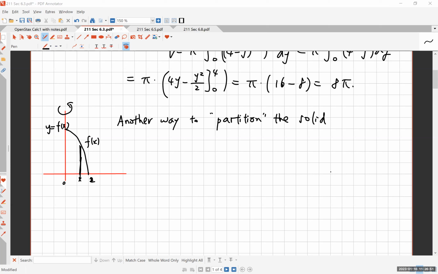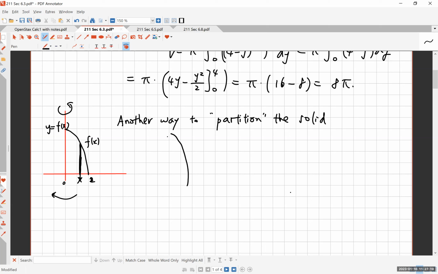This time I'm taking this x between 0 and 2, and then considering this line segment. And what happens if you revolve that line segment about the y-axis? You will get something that looks like a disc, or not a disc, a shell, a cylindrical shell.